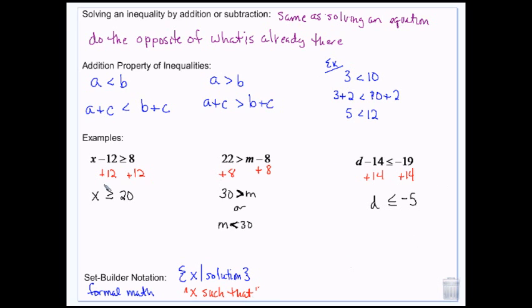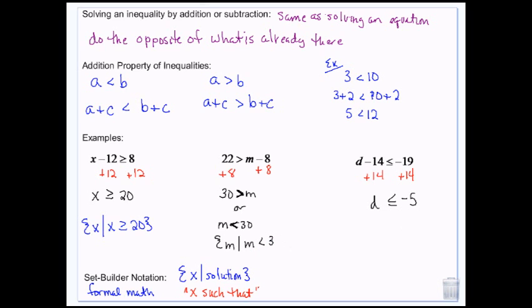So if I did set builder notation for this problem, it would be x such that x is greater than or equal to 20. For this one, m such that m is less than 30.